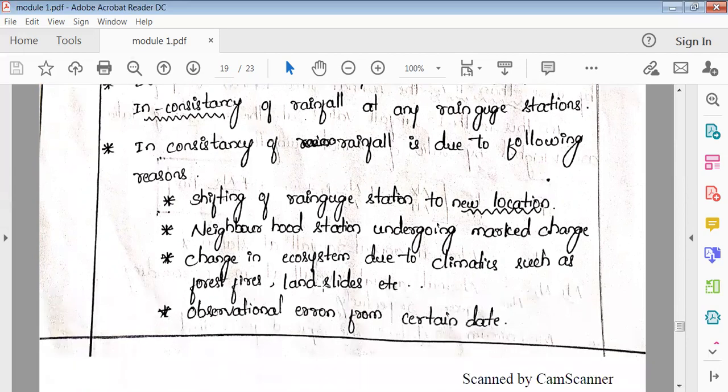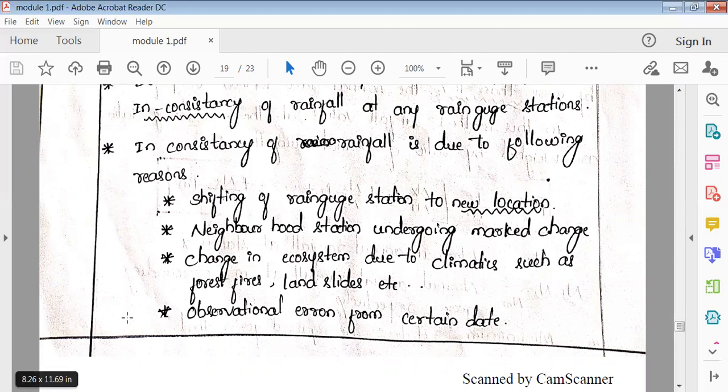The inconsistency of rainfall may happen for many reasons. First is shifting of the rain gauge station to a new location, then the neighborhood station undergoing marked change, or the other adjacent station itself undergoing any change. Then there may be a change in the ecosystem due to climate, such as forest fires, landslides, or other natural disasters.